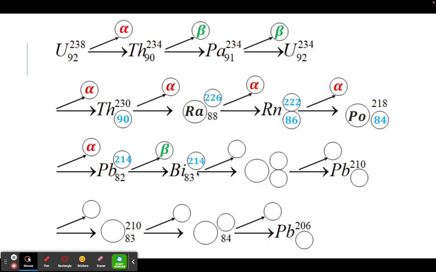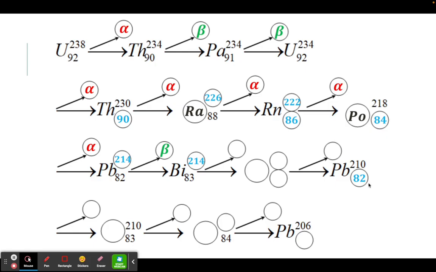And then here, you're going from 214, and then you've got this here. So we've got to figure out what this is. So let's see. Here we know that this is 82, right? So we can skip this.